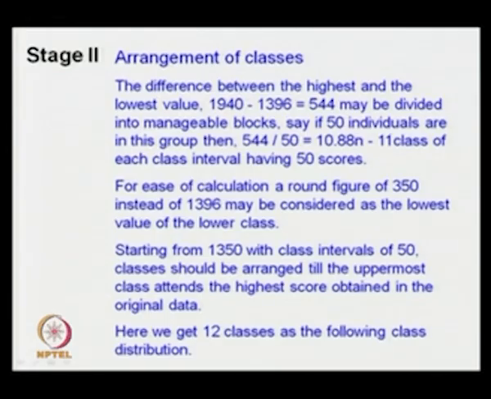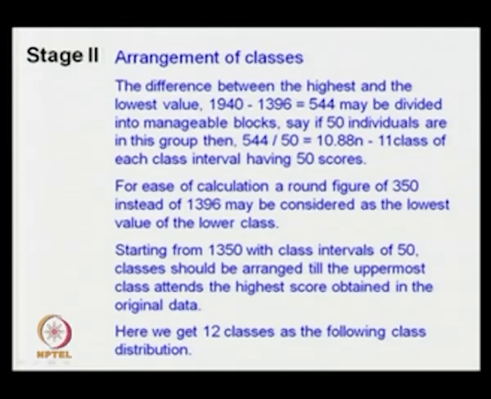If 50 individuals are in this group, then divided by 50, we get 10.88 classes, which means we can say 11 classes, each class interval having 50 scores.